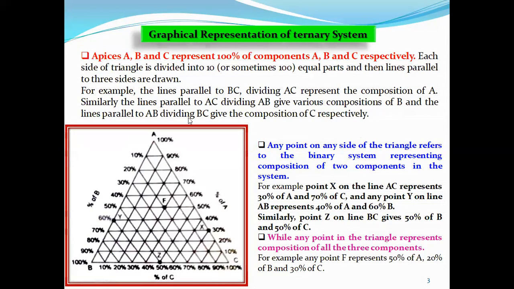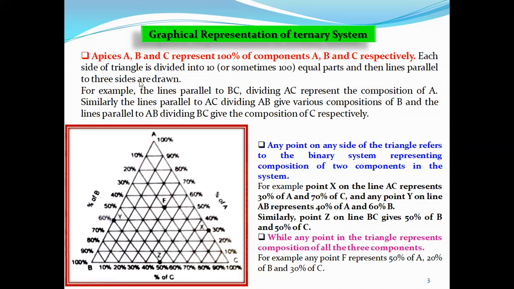So you can see here apices A, B, and C. These corners of the triangle A, B, and C indicate 100% of the respective component. It is A 100%, B 100%, and C 100% at each apex of the triangle.